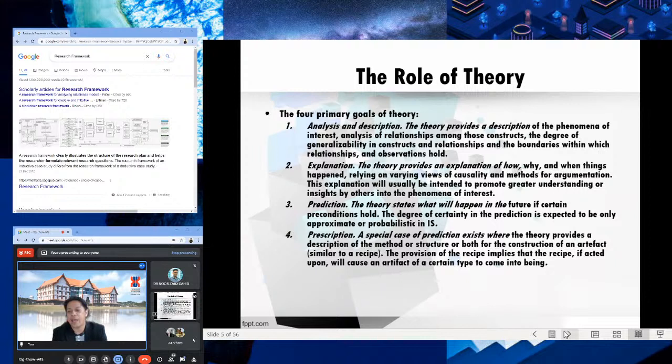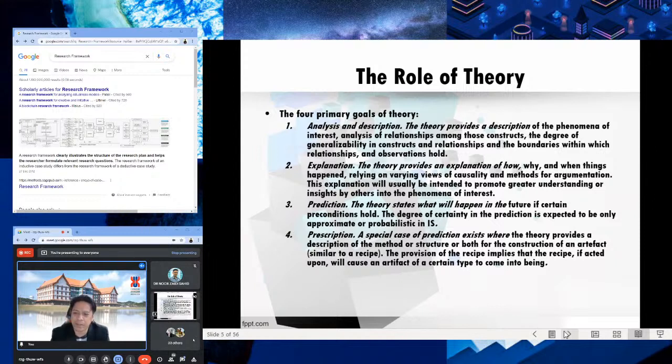The role of theory also is to give prediction. For example, when you have a formula, you can do some prediction, some projection, or simulation. And the 4th primary goal of theory is prescription.